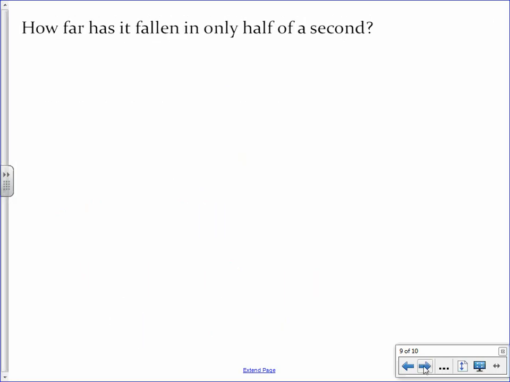All right, how far has it fallen in only half of a second? What do we do there? Okay, our position.